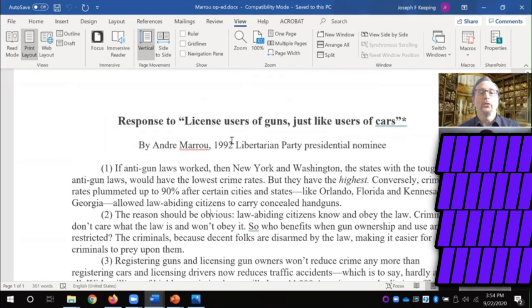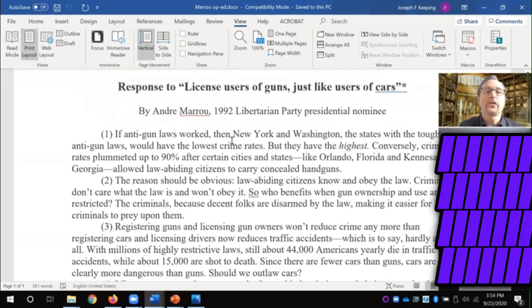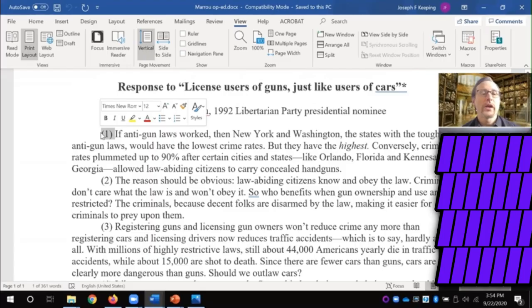So now we're going to do the close reading. Like I said, close reading consists largely in flagging and note-taking. I want to mention that these numbers at the beginning of the paragraphs here are not part of the original text. I just added those because it's part of an assignment, so it would be easy to refer to paragraph 2 or something like that.